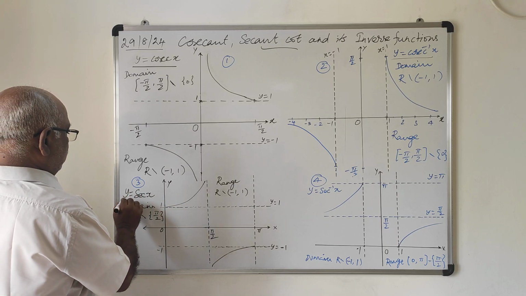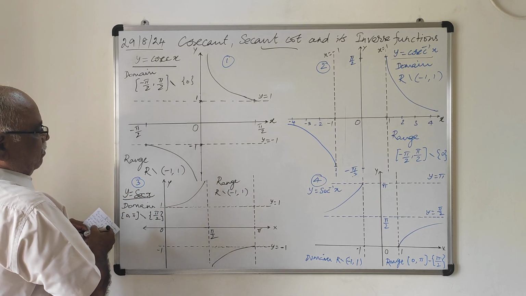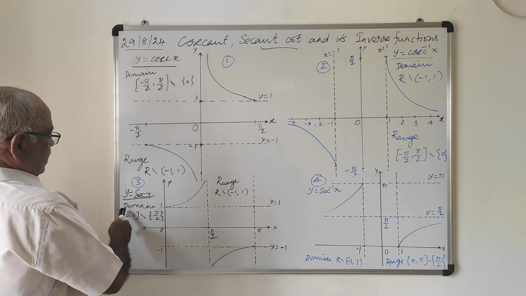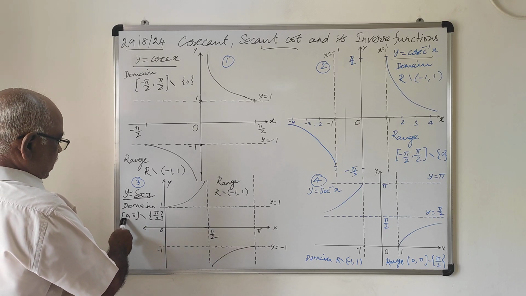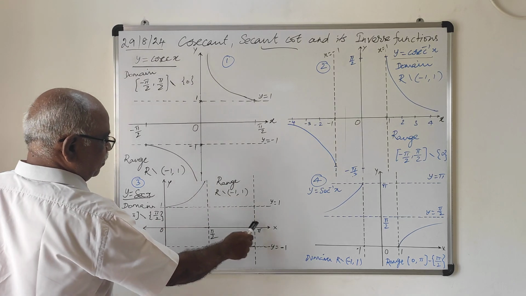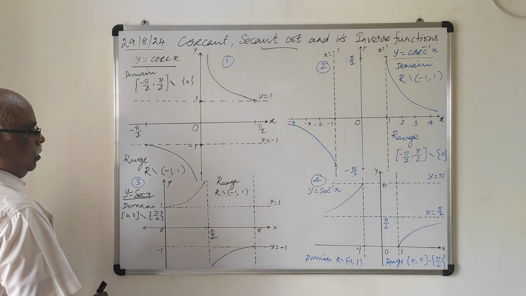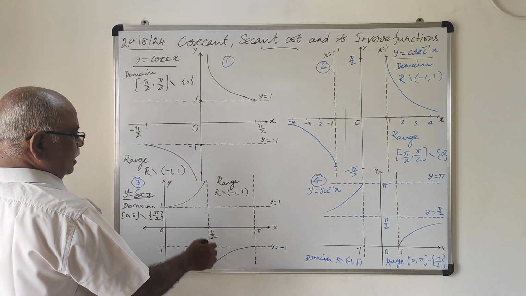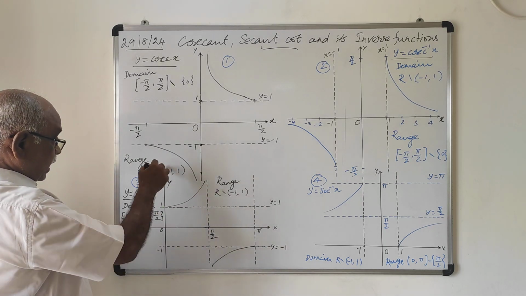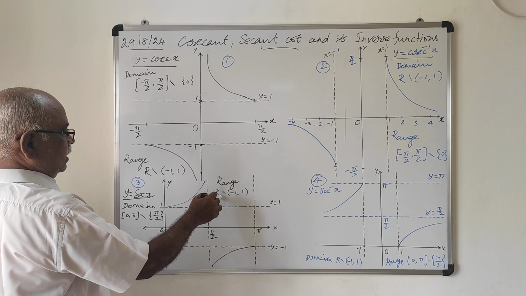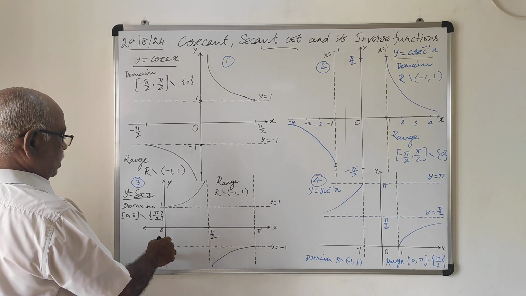Similarly, third diagram, graph of secant x. The domain of secant x is the closed interval 0 to pi except pi by 2. And the range is the real line except the interval minus 1 to 1.